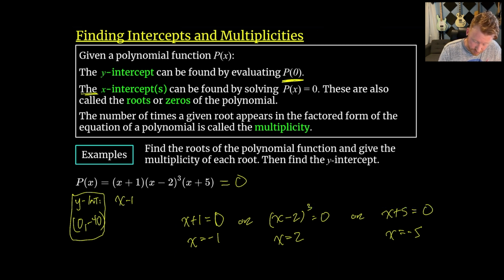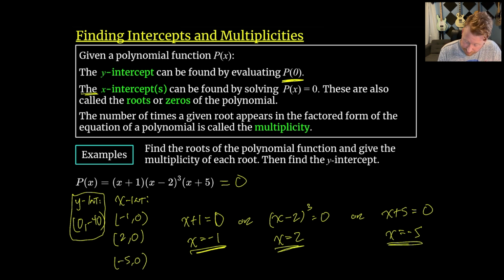The x-intercepts are at negative 1, 0. We found that x was negative 1, and the output is always 0. That's what it means to be an x-intercept. We've got 2, 0 from here, and we've got negative 5, 0 from the last one. So there are our x-intercepts.